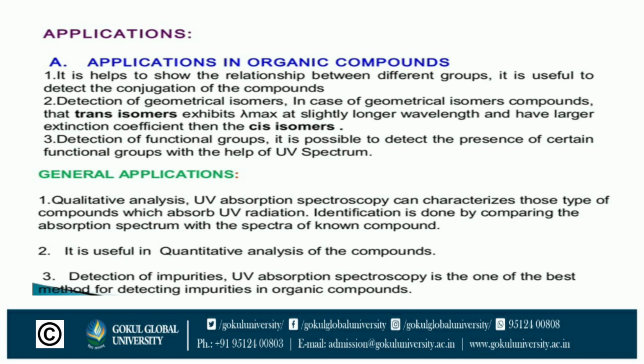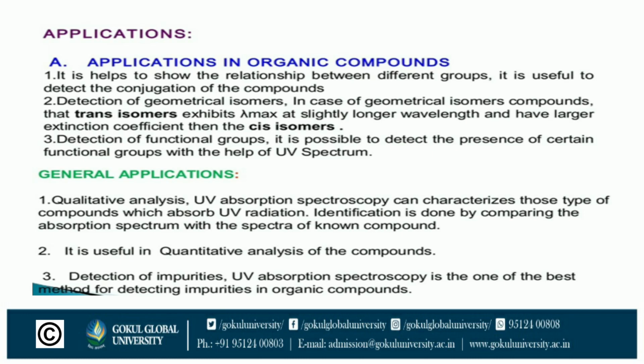We also discussed the quantitative analysis. Detection of impurities. UV absorption spectroscopy is one of the best methods for detecting impurities in organic compounds. Because when some impurity groups or compounds are connected with the product, it changes the structure of the compound.